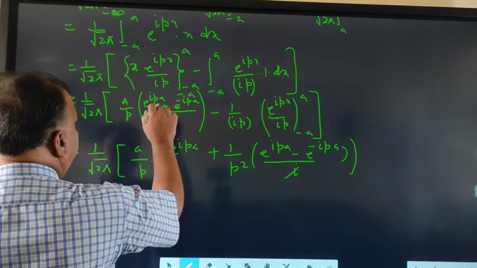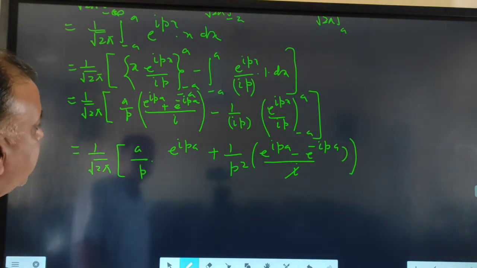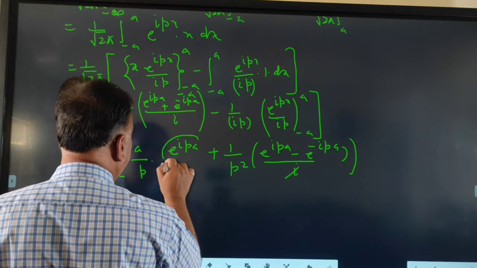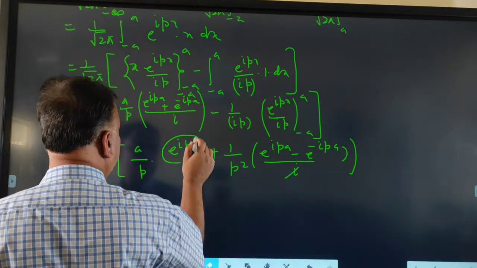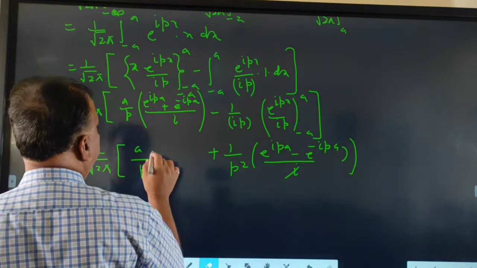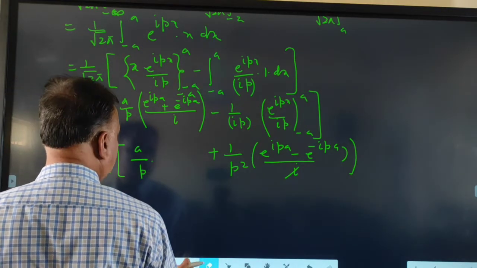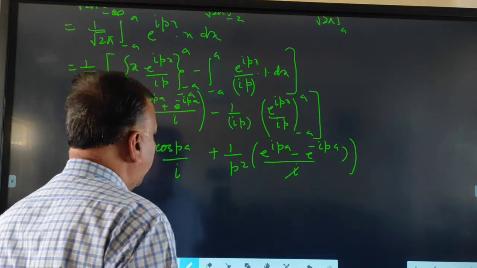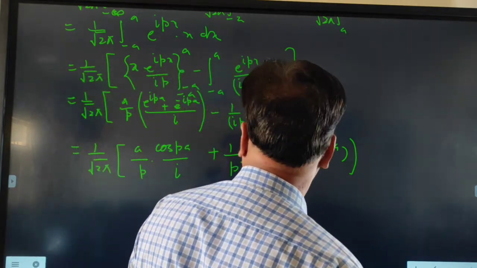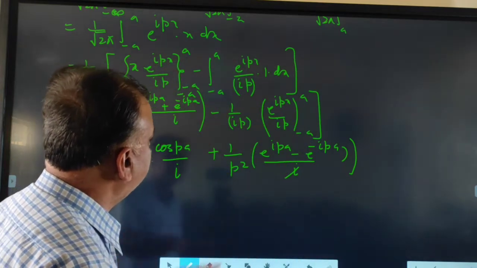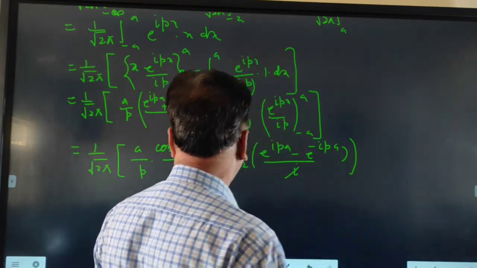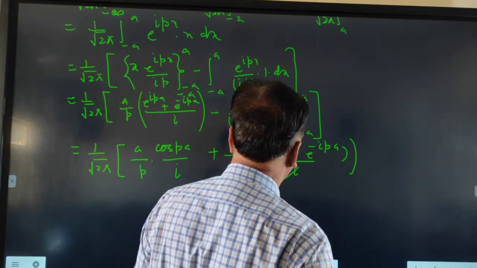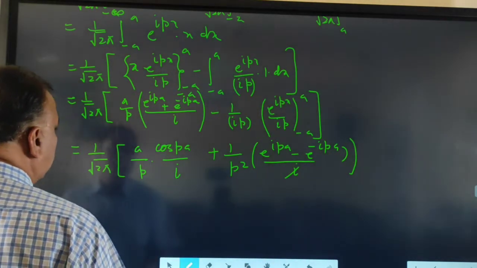Here we see e raised to iota pa plus e raised to minus iota pa gives cos pa, so a upon p times cos pa upon iota. The other term is 1 upon p square, since minus iota square is minus 1, times (e raised to iota pa minus e raised to minus iota pa).